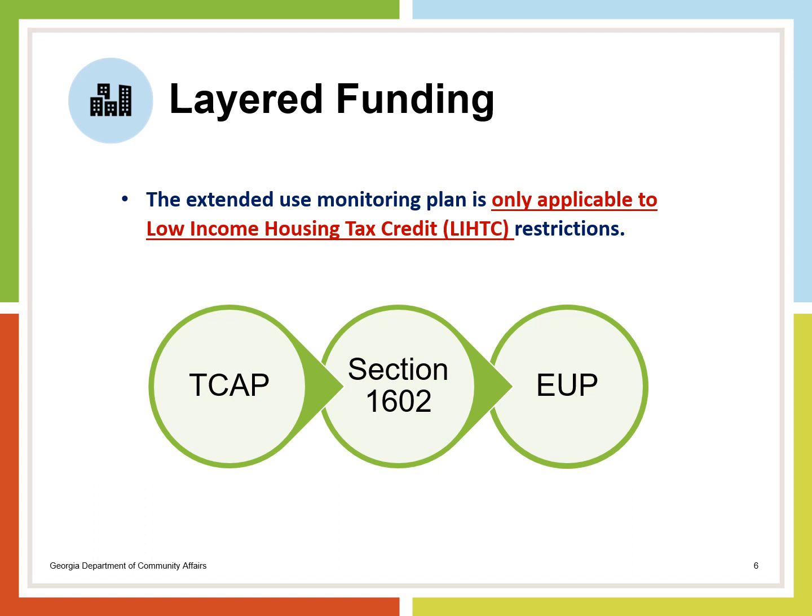The two programs are the Tax Credit Assistance Program, or TCAP, and the Section 1602 Tax Credit Exchange Program, also known as Section 1602. These special LIHTC programs must also adhere to the Extended Use Monitoring Plan.